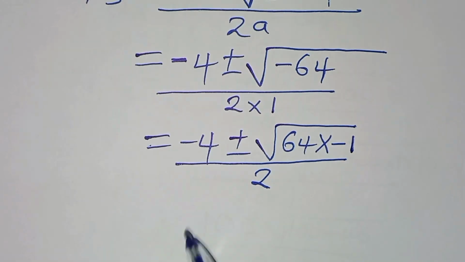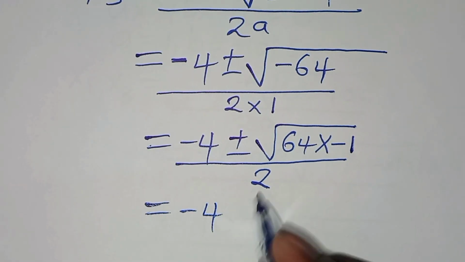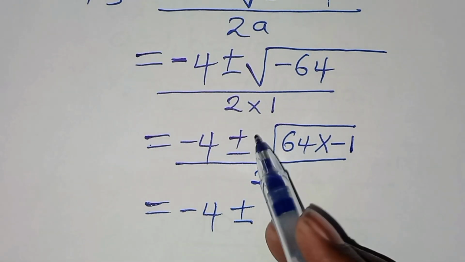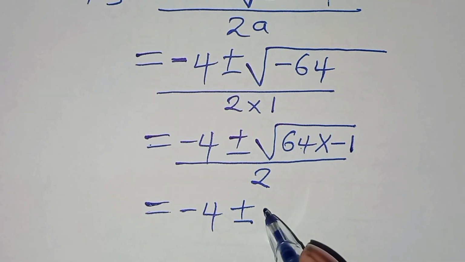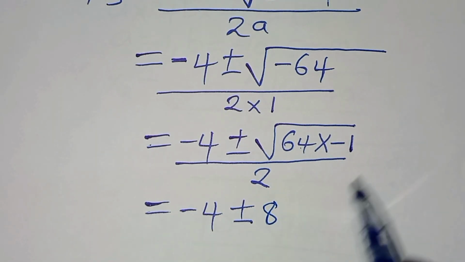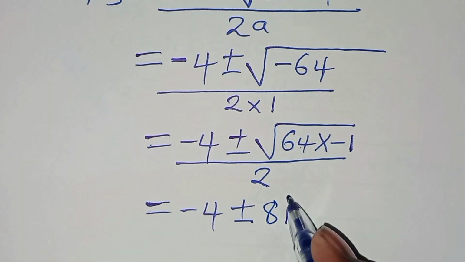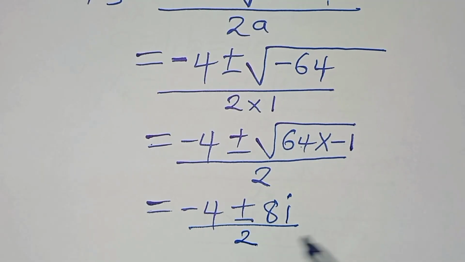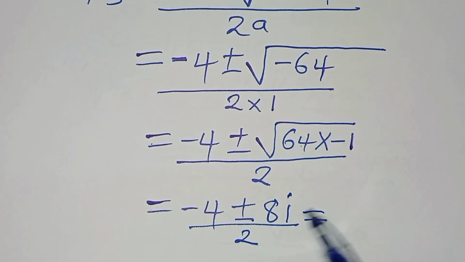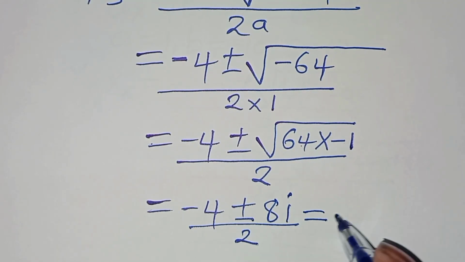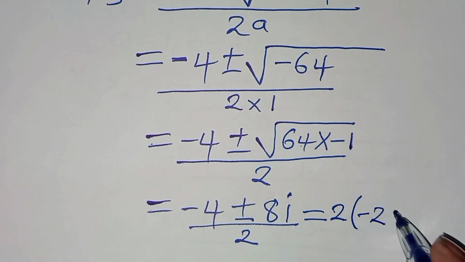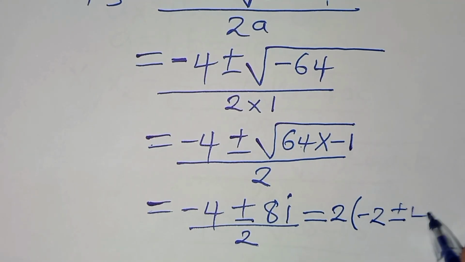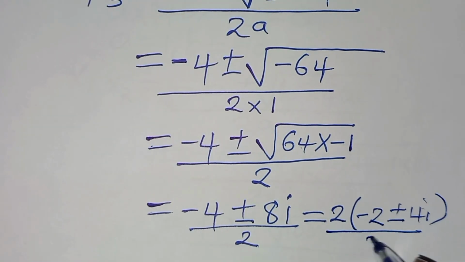The next step here, we'll have minus 4 plus or minus. We can express the square root of 64 times negative 1 with the square root of 64 as 8, and the square root of negative 1 is i, divided by 2. So this essentially is equal to, now here we can factor out 2, so that we'll have minus 2 plus or minus 4i divided by 2.